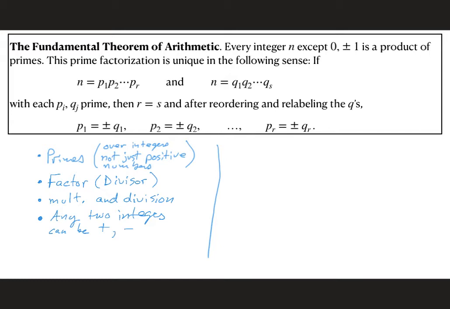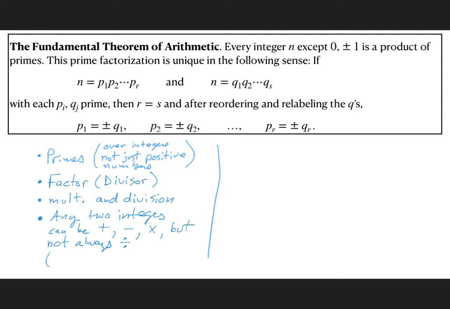They can be subtracted from each other, like 3 minus 2. They can be multiplied and still get an integer, but not always divided, right? So division isn't as well defined in the integers as the other three operations.